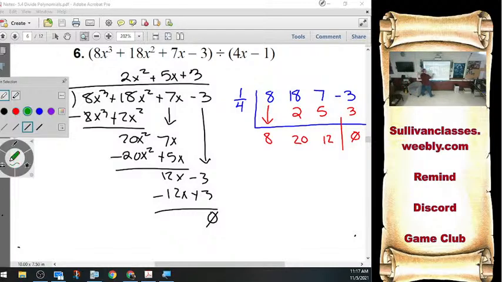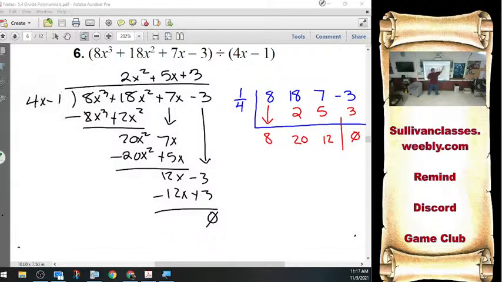When I set this equal to 0 and said x is 1/4 to do this, I am no longer dividing by 4x minus 1. I was dividing by x minus 1/4. It's still the same 0, right?